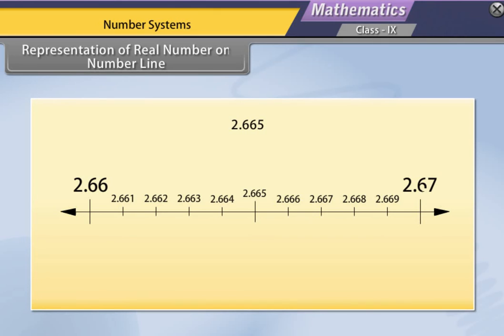The first part represents 2.661, the second part represents 2.662 and so on. 2.665 is the fifth mark in these subdivisions. This process of visualization of representation of numbers on the number line is called the process of successive magnification.